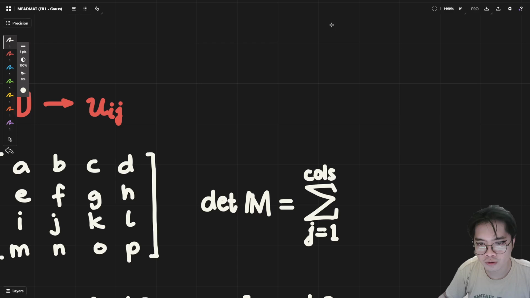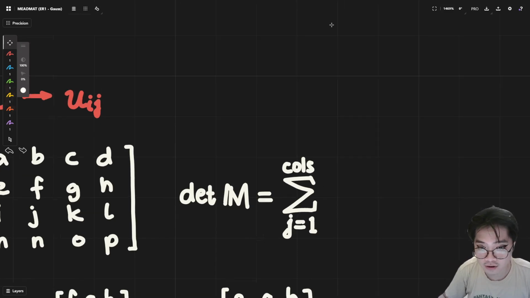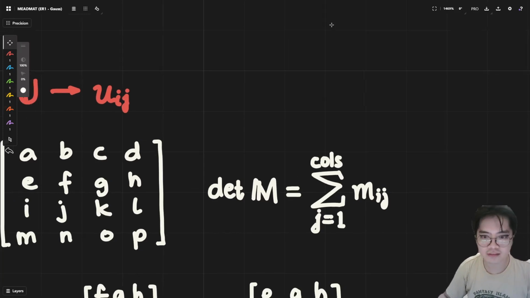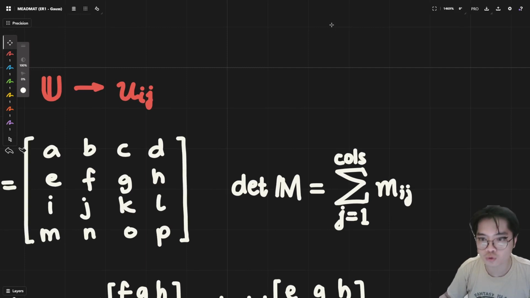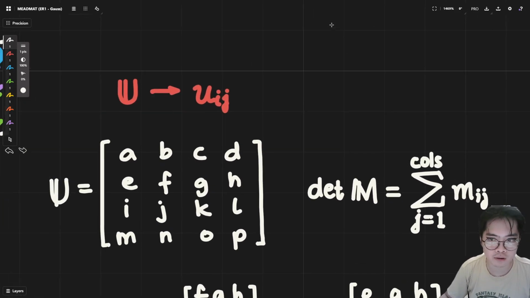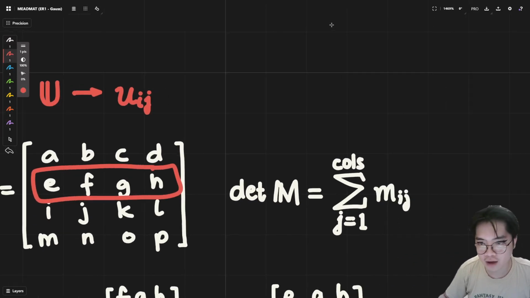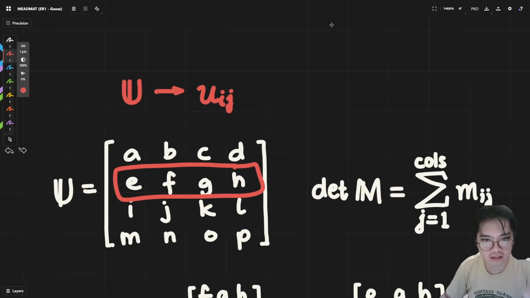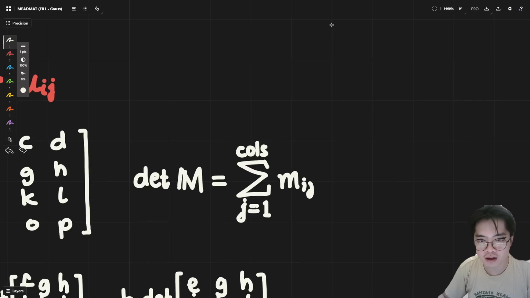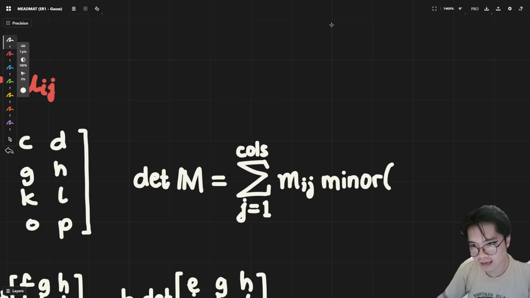You will now do M, IJ, because we're looking here at an M. M, IJ is basically the element that belongs to your I and the J. So say, for example, you pick the second row. You will now have M21, M22, M23, M24 for this row. You will look at each and every one of them, and then you will have the pertaining minor, the minor that belongs to MIJ.